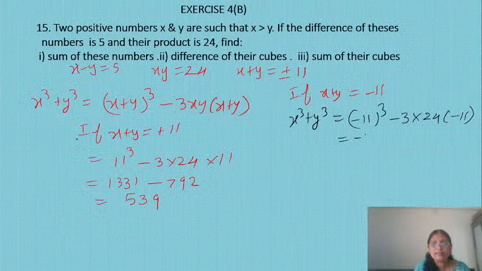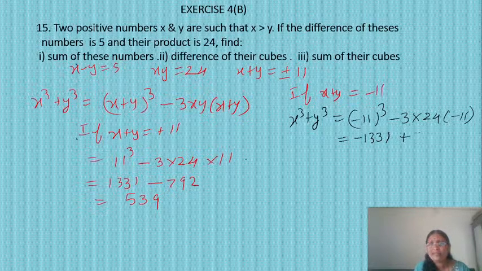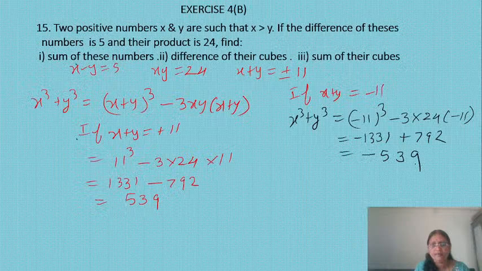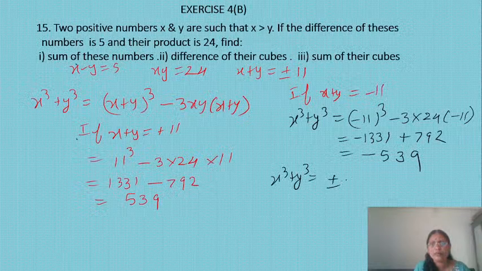Cube of minus 11 is minus 1331 and when we multiply negative into negative is positive. The product of 3 into 24 into 11 is going to be now plus 792. Again we are going to subtract but the answer is going to be minus 539. So the sum of their cube, that is x cube plus y cube, is equal to plus or minus 539.